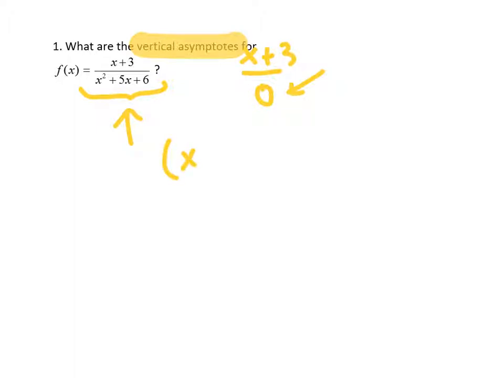So what we're going to do is quickly factor the denominator, and we come up with these two factors. And so the two values that would create vertical asymptotes are -2 and -3. So the idea of vertical asymptotes is the denominator can never equal 0. And if those two numbers went in, it would equal 0.